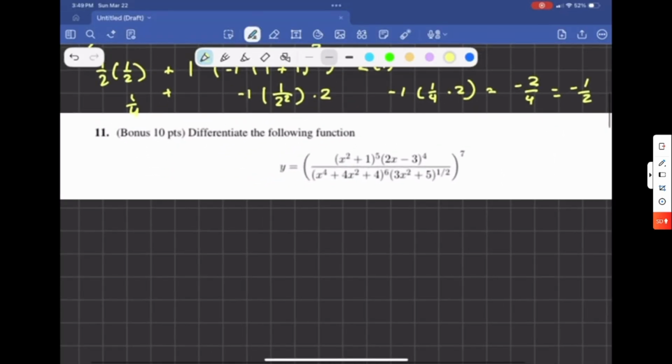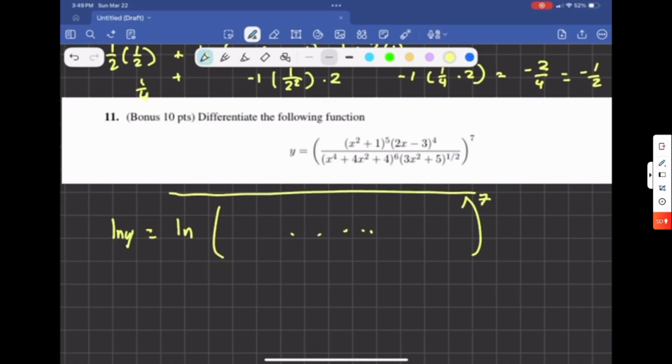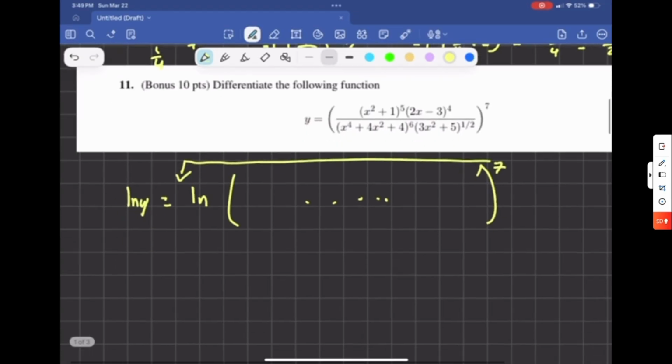Some of you guys wanted to go over this problem again, so we'll go ahead and do it. The easiest way to go about this problem is ln. So you have ln y equals ln of your whole function, to the power 7. I'm not going to rewrite it. We'll go ahead and move our power to the front and distribute.